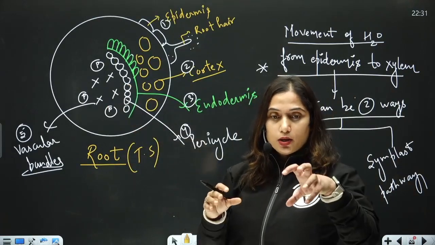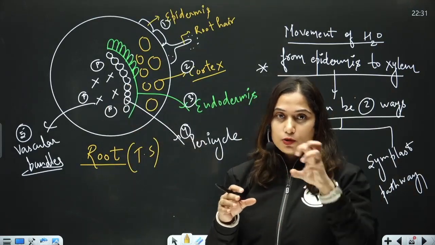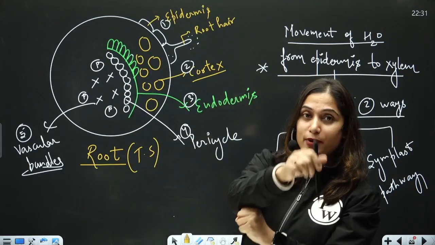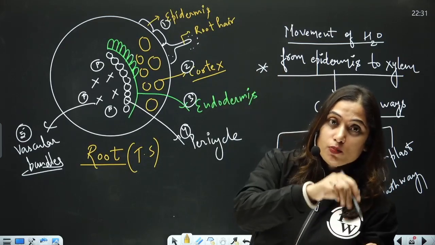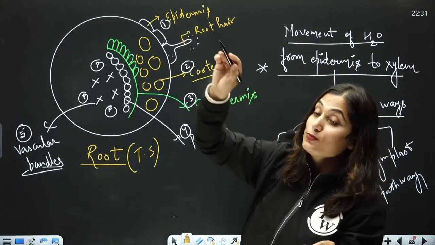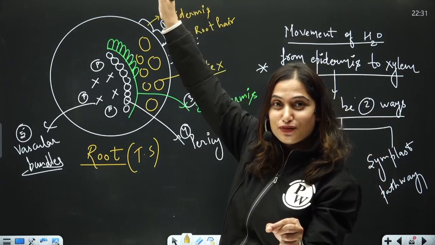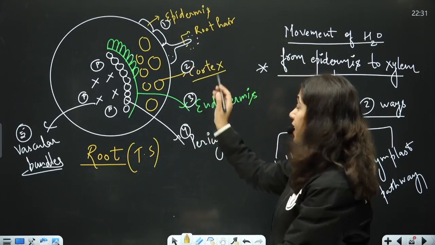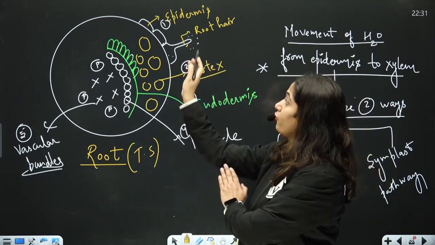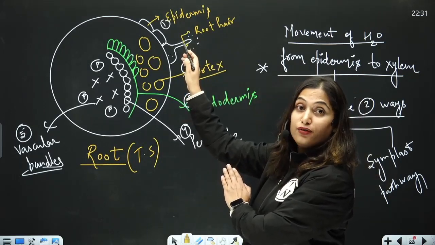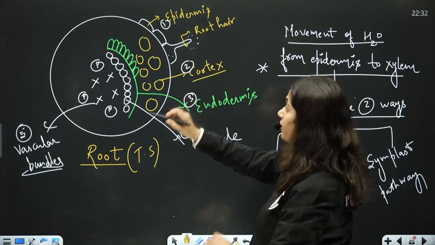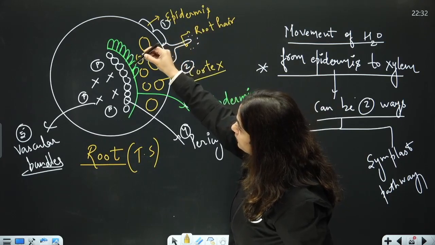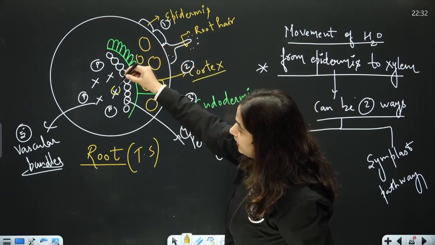Ultimately the root hair has absorbed the water from the soil, but it has to fill up into the xylem, and from the xylem of the root it has to be transported up to the xylem of the leaf, right? So the root hair has absorbed the water from the soil by diffusion or osmosis, but now the water has to cross many layers to ultimately get to the xylem.